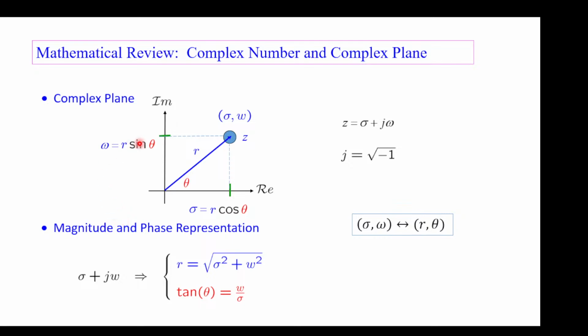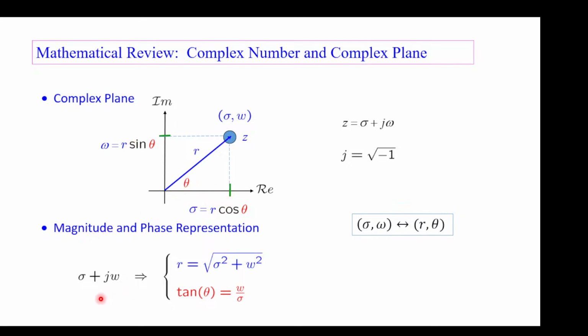So here we have how to change from polar coordinate to the Cartesian coordinate. This is really just geometry. So you have r here and theta here. Then sigma is r cosine theta by trigonometry, because this is a right triangle here. So r cosine theta equals sigma, and r sine theta equals omega. So that's how you change from r and theta to sigma and omega.